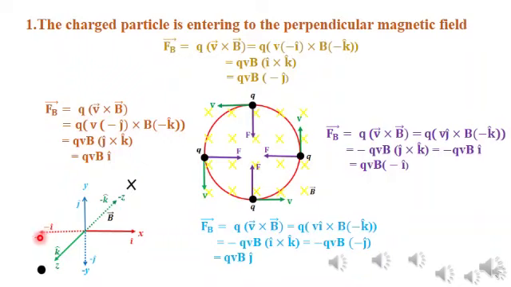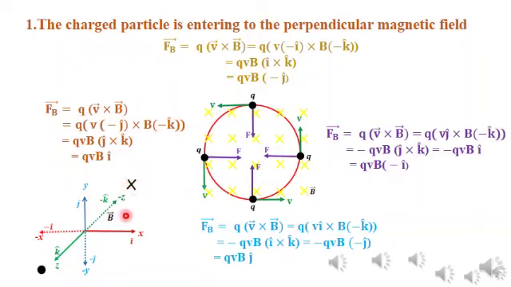Similarly, minus i cap, minus j cap, and minus k cap are the unit vectors corresponding to the minus x, minus y, and minus z axes. Here, out of the plane, that is the plus z axis, is represented by a dot, while into the plane, that is the minus z axis, is represented by a cross.